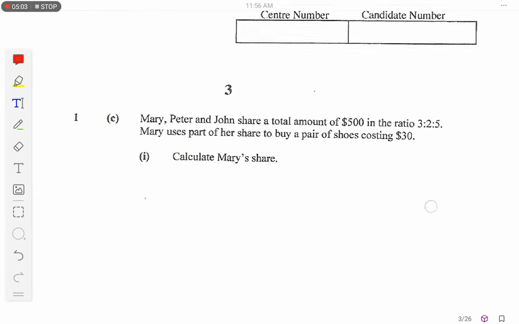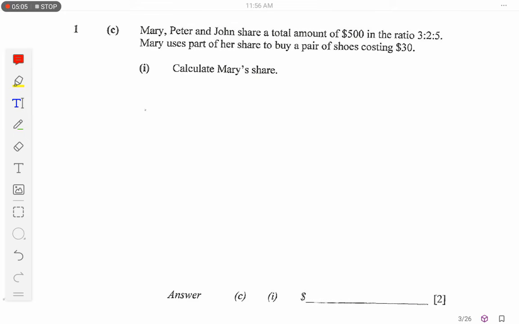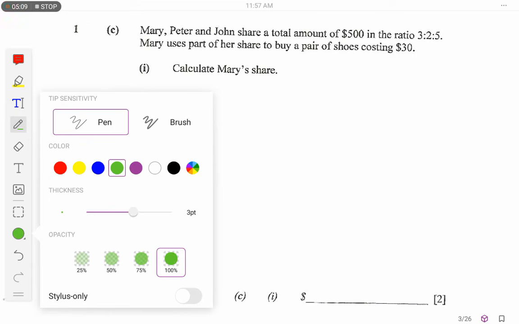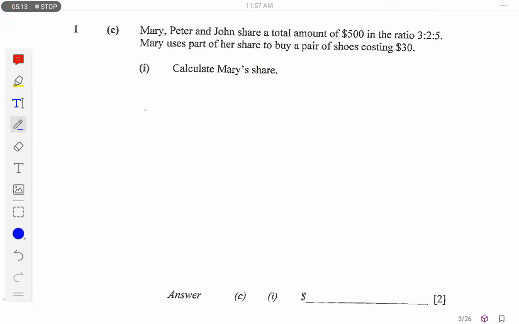Let's move on. We have a question here. Mary, Peter, and John are sharing $500 in the ratio. So what it basically means, this ratio here goes hand in hand with the names. So we have Mary, Peter, and John.